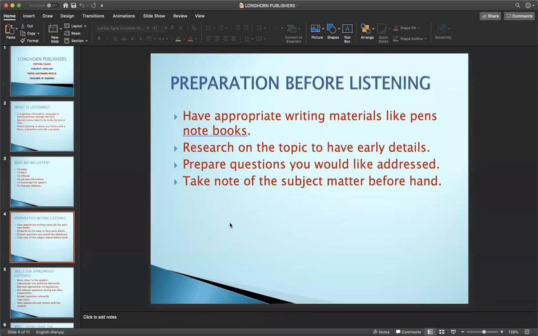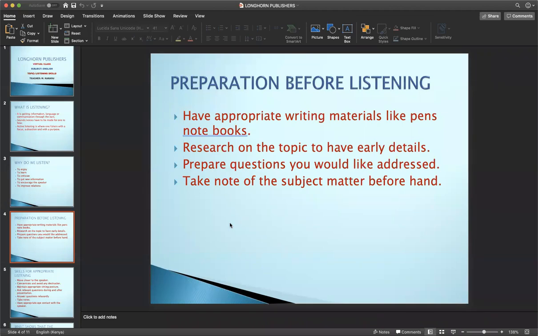You're going to listen to a speech on something like drug abuse in schools and why students are into drugs and such kinds of things. Then the speech revolves around drugs. So you are going to have a notebook where you can write down the main points that the speaker will focus on.